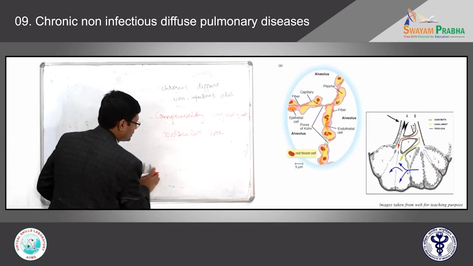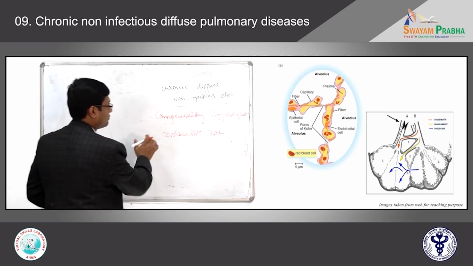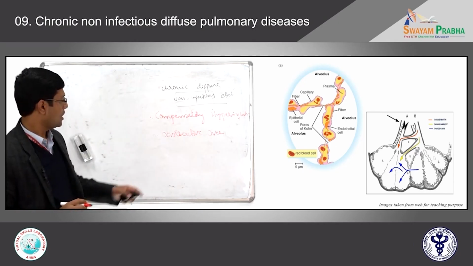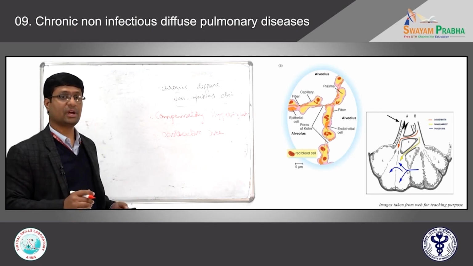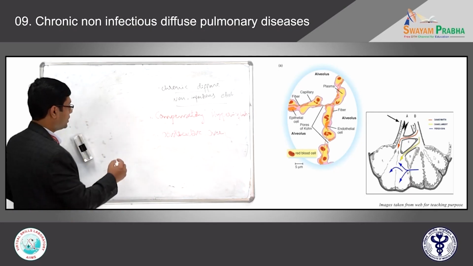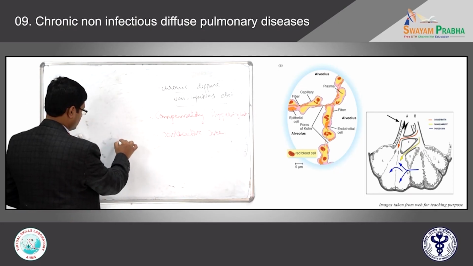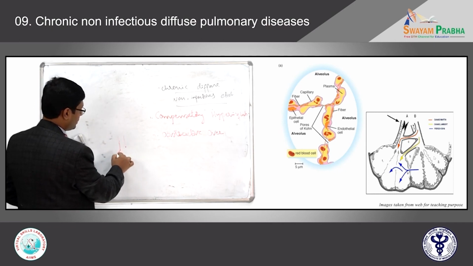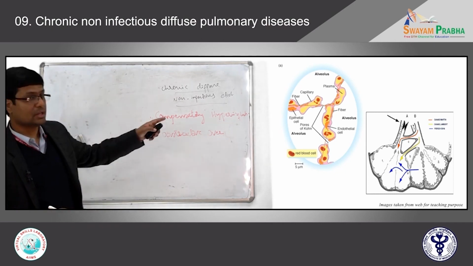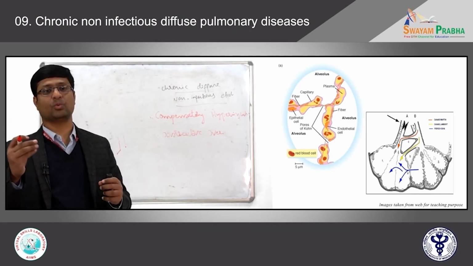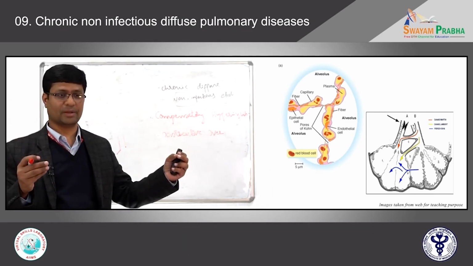One more important physiology of obstructive emphysema that I would like to mention: why there is more and more expansion of air below the obstruction. Normally, when you see the terminal duct alveolar picture, there is always a connection between one alveolus and the other alveoli, right?